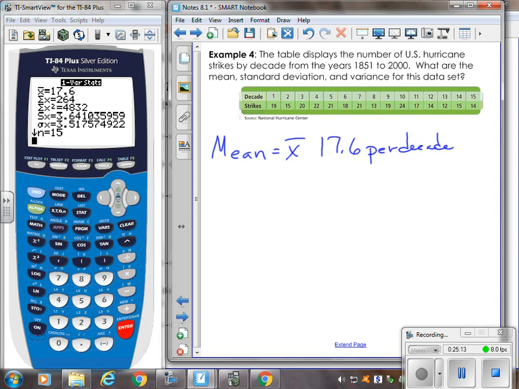All right. The standard deviation that they are wanting you to pick off is the S sub X. I'm pretty sure. Let me double check that. Yes, S sub X. Because is this all the hurricanes that ever happened? No. This is just a sampling, right, of what we've calculated.